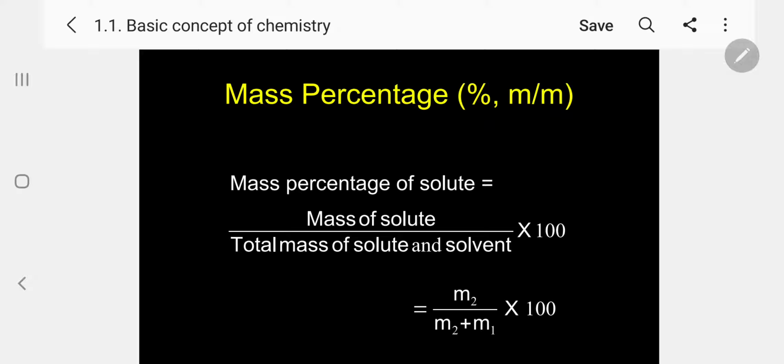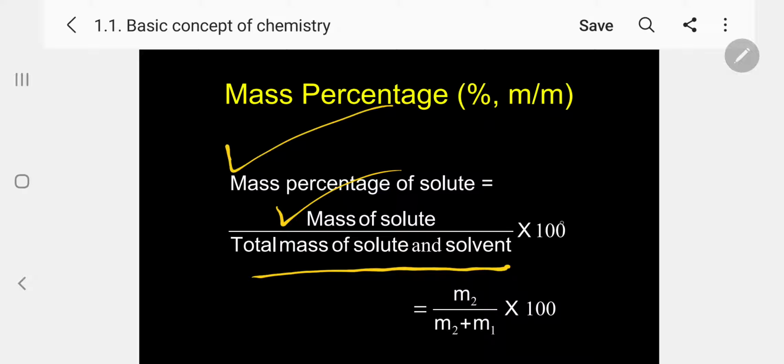I told you there is solute and solvent. So mass percentage of solute is equal to mass of solute divided by total mass of solute and solvent, the whole multiplied by 100.